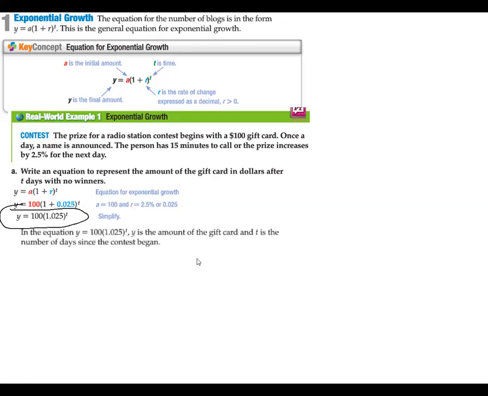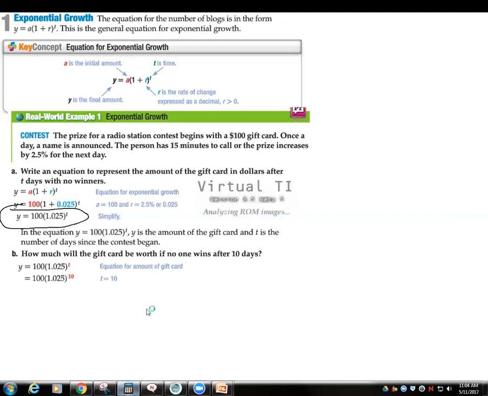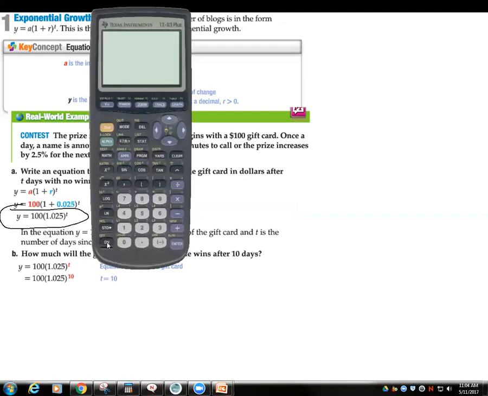For part B, we want to know how much the gift card will be worth if no one wins after 10 days. So in this equation, t represents the number of days since the contest begins. So after 10 days, you substitute 10 into the equation. If you're evaluating this on your calculator, you would do 100, parenthesis 1.025, close the parenthesis, up to the 10th.